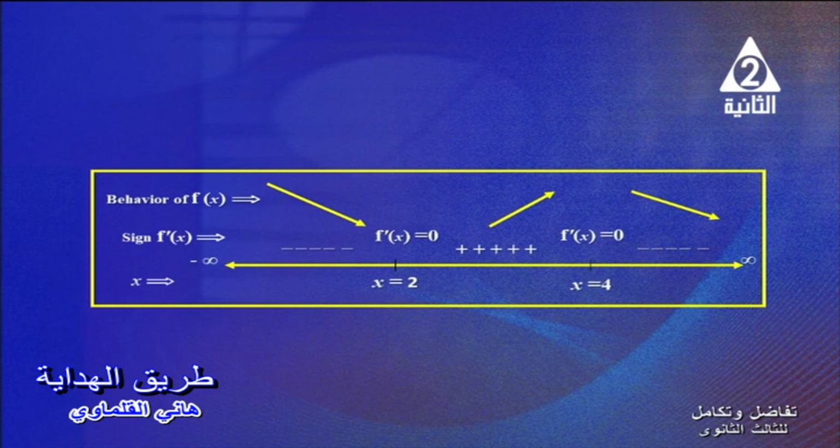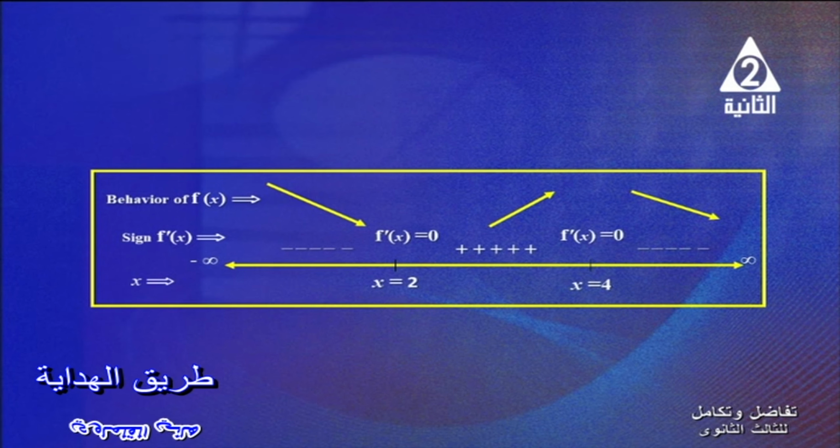At x equals 2, f dash x equals 0, so we have a critical point at x equals 2. What about x equals 4? When x equals 4, f dash x equals 0, so we have another critical point at x equals 4. At x equals 2, we have a local minimum value because the curve is decreasing to the left of x equals 2 and increasing to the right.